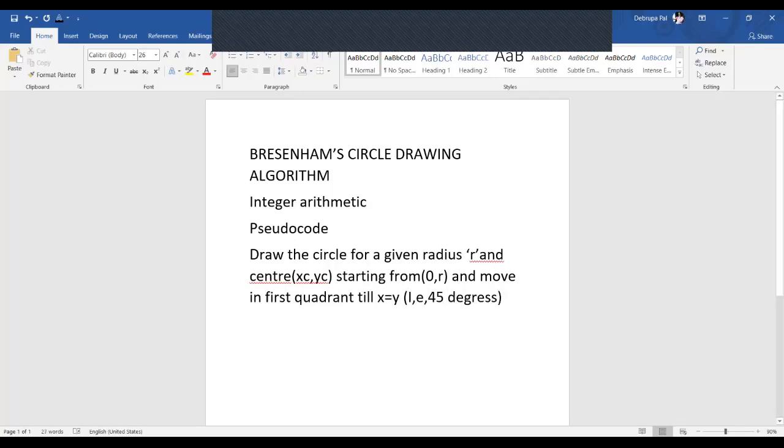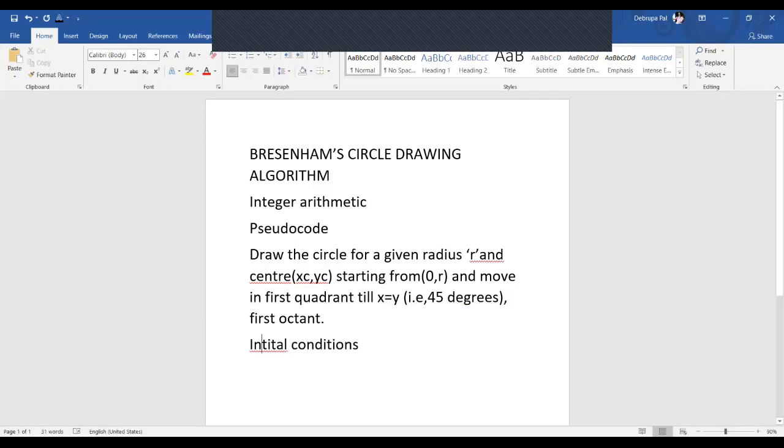So in this condition, the value of x is equal to the value of y. Here we are talking about the first octant. Whenever we are drawing a circle, we are drawing in all the octants. So let us look at what the initial conditions are.